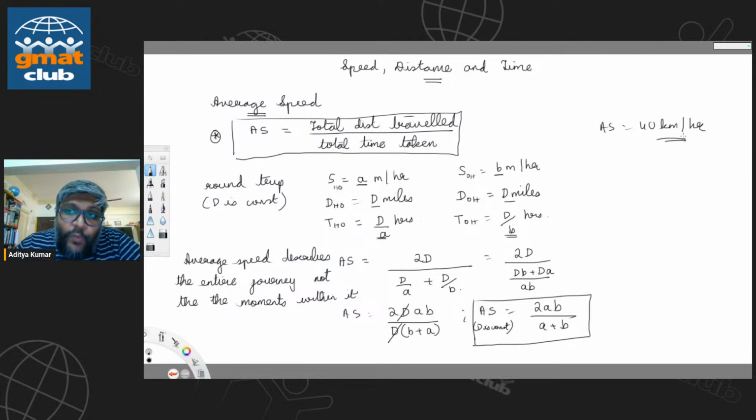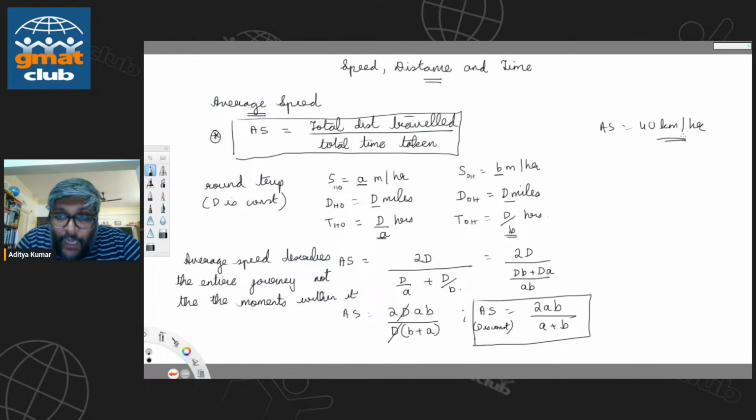But if I ask you what should be your speed at half the journey, at the halfway point of your journey, I will not be able to say that the average speed at the halfway point of my journey is 40 kilometers per hour. Right? It can be greater than 40. At the halfway point, it can be less than 40. Remember, average speed always describes the average speed for the entire journey, not for moments within it.